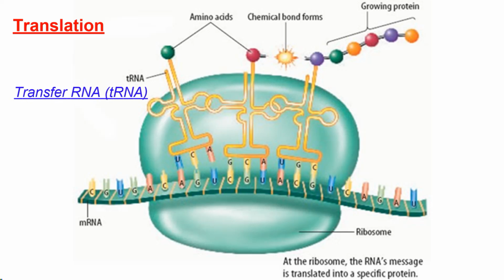Transfer RNA or tRNA brings amino acids to the ribosomes so they can be assembled into proteins. How does the cell know which tRNA molecules carry the proper amino acids? The answer again involves base pairing. Correct translation of the code depends upon joining of each mRNA codon with the anticodons of the proper tRNA molecules.